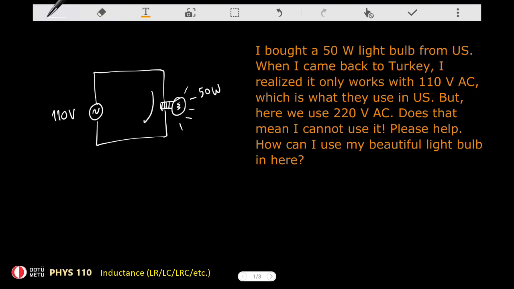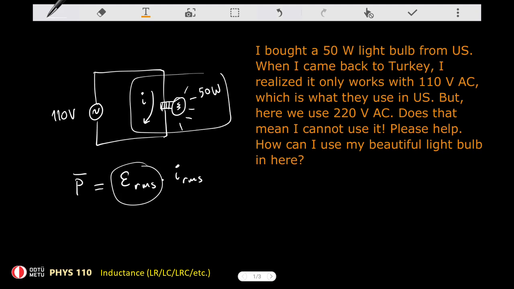What might be the current that's passing through the light bulb under normal conditions? To find this, you just need the power formula. This power is equal to the RMS value of the EMF multiplied by the RMS value of the current. Here I'm using EMF, but that's essentially the potential drop on the resistor. If you just connect it to the wall plug, the EMF would be equal to the potential drop on your light bulb, on your device.